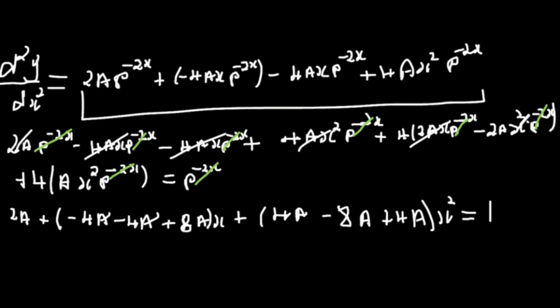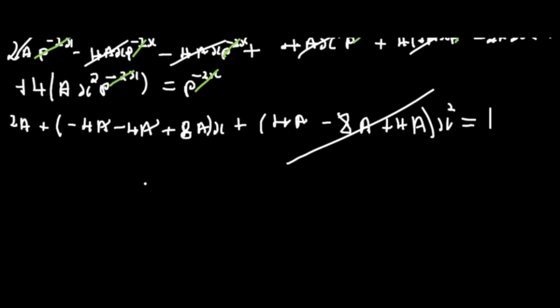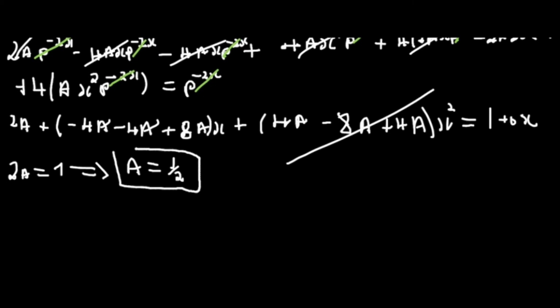So it's very clear, this is going to cancel. This will give us 0. And if we look at this, the terms in x, on the right hand side we might say we have 0x here, so that if we compare the coefficients, we see that 2a should be equal to 1. So this implies that our a simply is a 1/2.